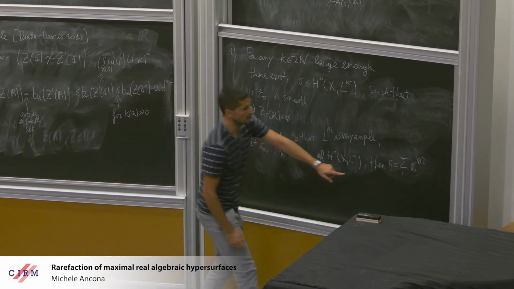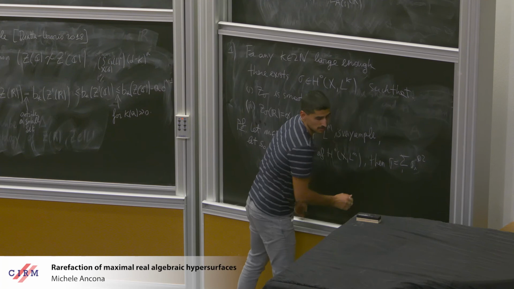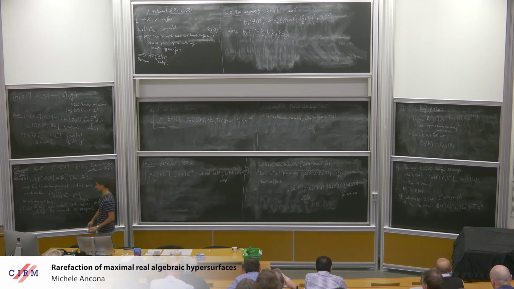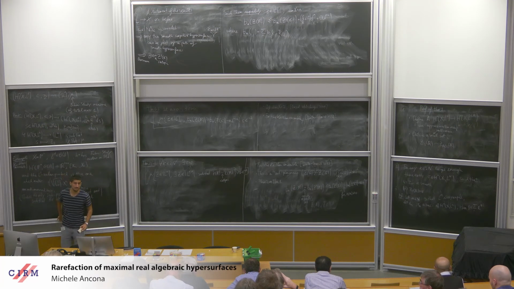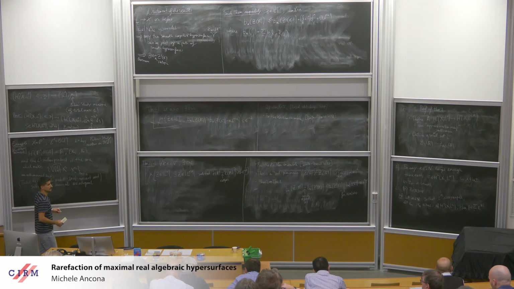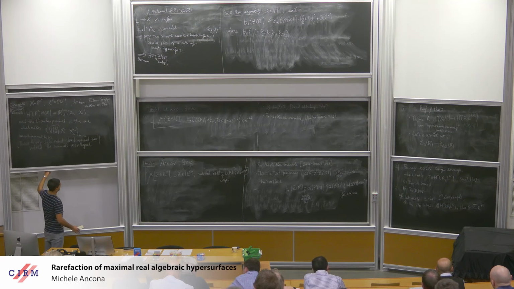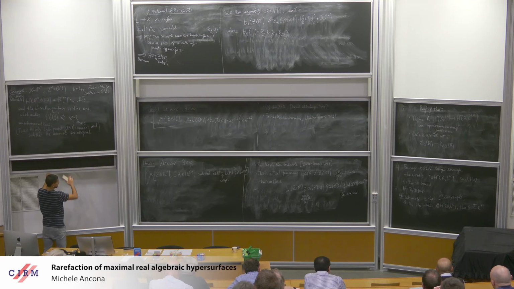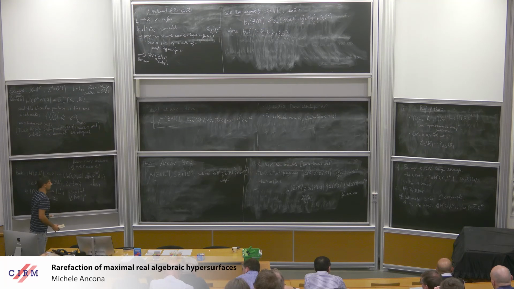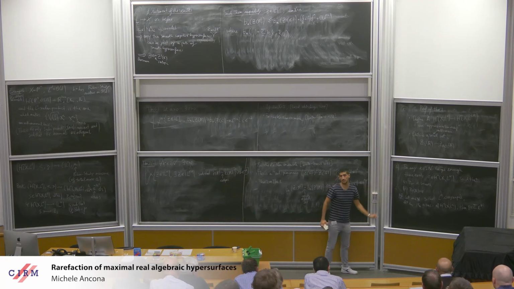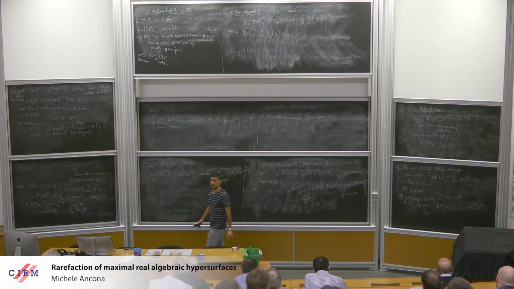So this has empty real locus. Maybe it's not smooth, so we just perturb this section to have a smooth complex locus. And so from now on we will fix some k to prove the theorem. And for such a k, we fix such a global section with empty real locus.